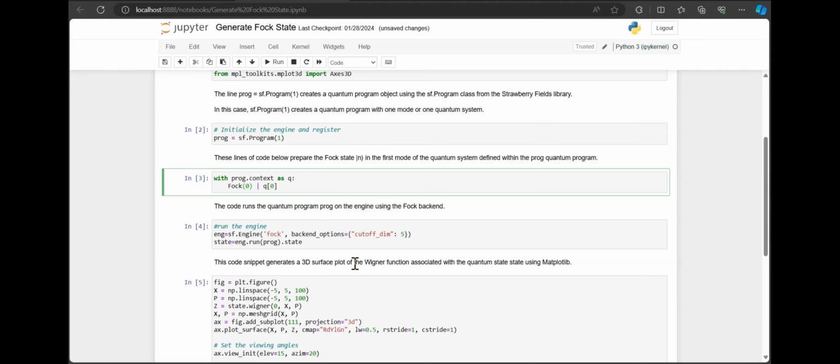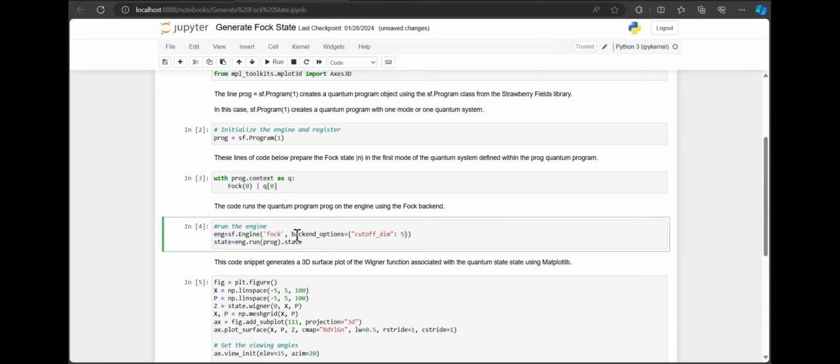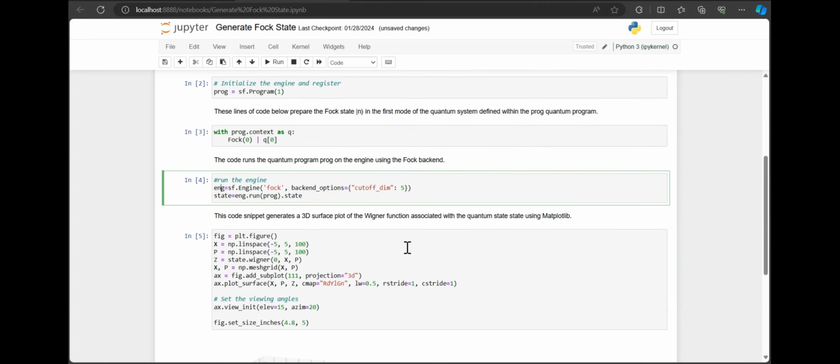If we want to work with coherent states, etc., we need another backend. I'll come to it later. So we first run the engine by this particular code. We consider the cutoff dimension to be equal to 5, and then we go ahead with plotting.